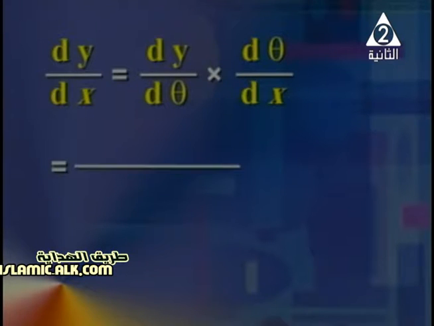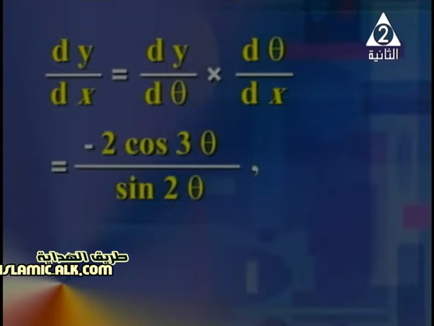We find dy over dx equals dy over d theta multiplied by what? d theta over dx, or divided by dx over d theta. Then dy over dx equals 12 cosine 3 theta over negative 6 sine 2 theta, which is negative 2 cosine 3 theta over sine 2 theta. Remember, theta equals what? Pi over 4.